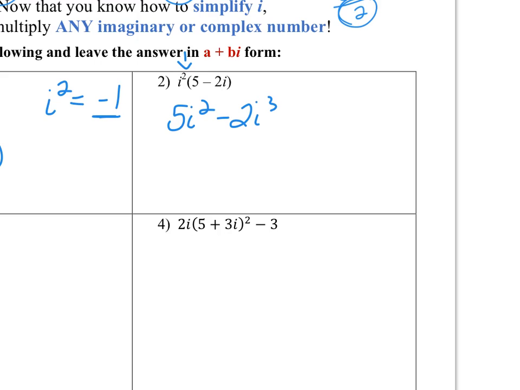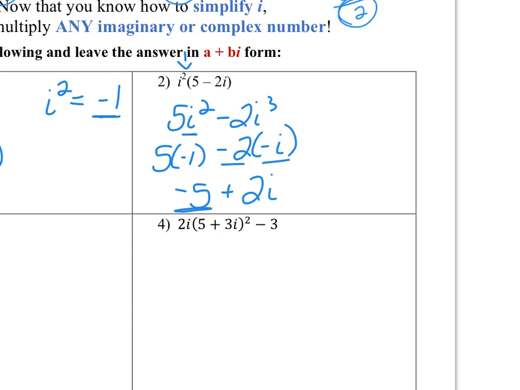It doesn't matter either way. So i squared here is -1, so that's 5 times -1, or -5. i cubed is -i, so that's -2 times -i, which is a positive 2i. And then leave it in a plus bi form, so it's -5 plus 2i.